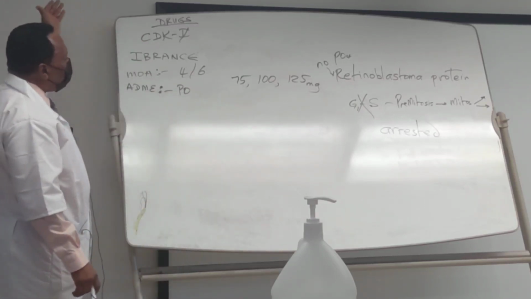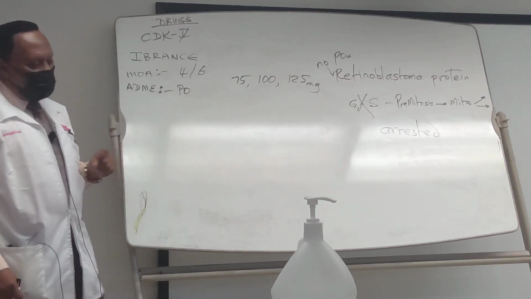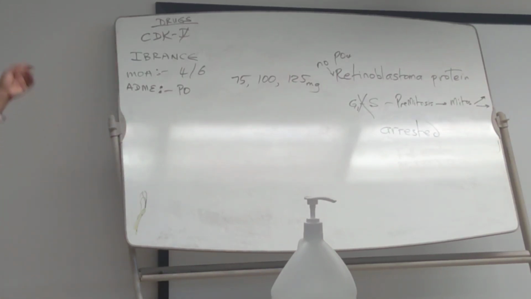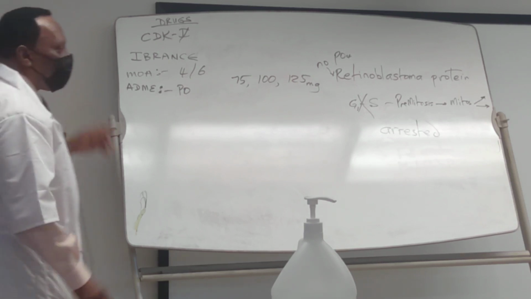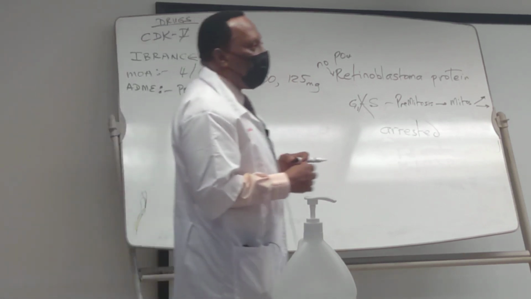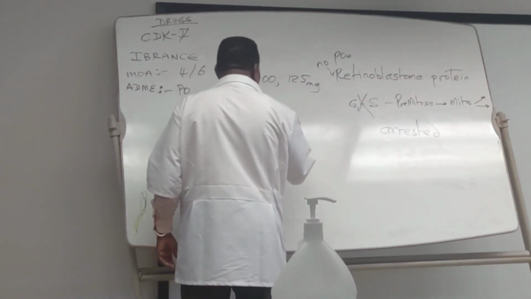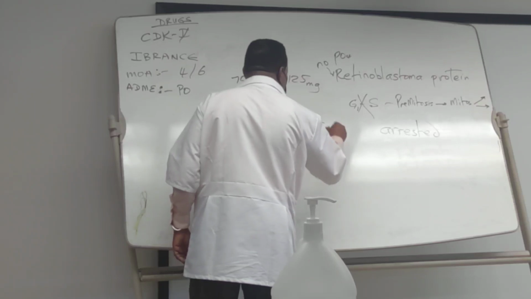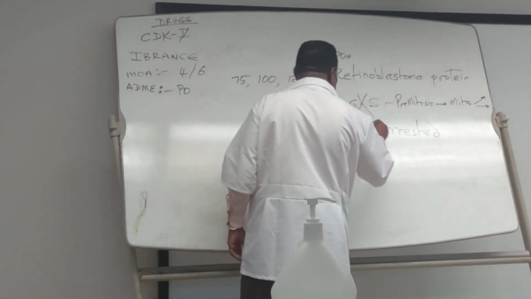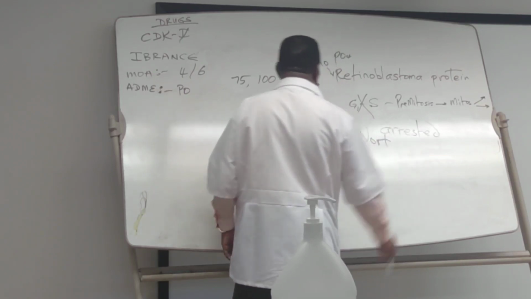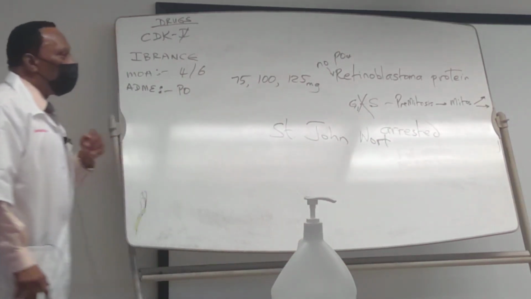Like we mentioned under your PARP inhibitors, grapefruit juice can also affect the plasma levels of your Ibrance. St. John's wort can decrease the plasma levels of your Ibrance.